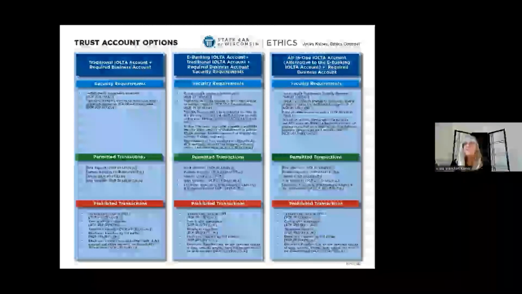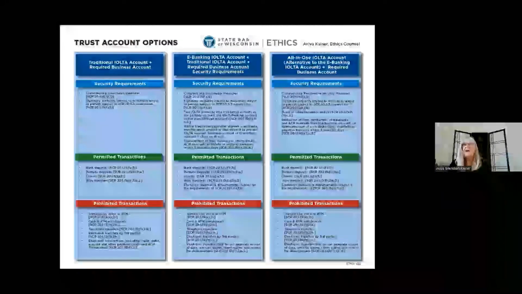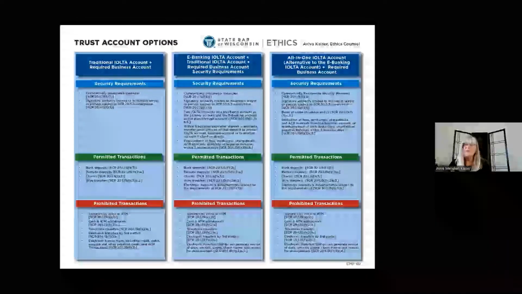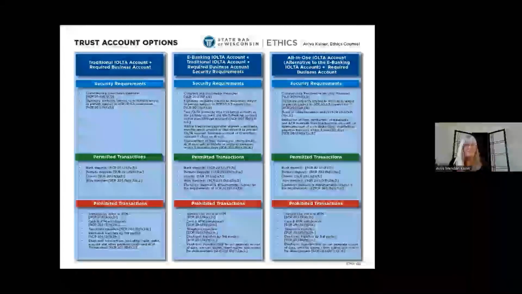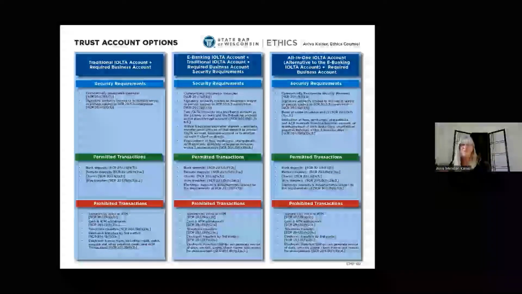Yes, Christopher, there are three different types of trust accounts. If a lawyer is not taking electronic payments into their trust account, other than remote deposits, then that lawyer needs only that traditional IOLTA account plus their required business or operating account. If, however, that lawyer is taking electronic transactions or payments into and making them out of their trust account, they have two options.